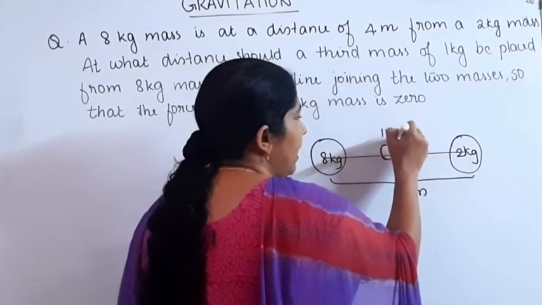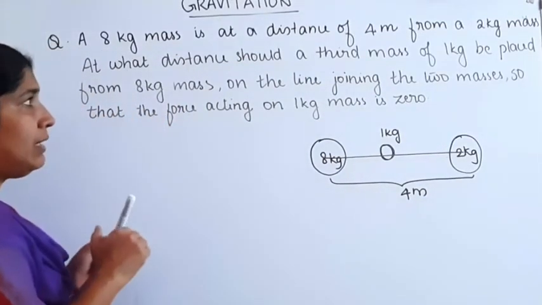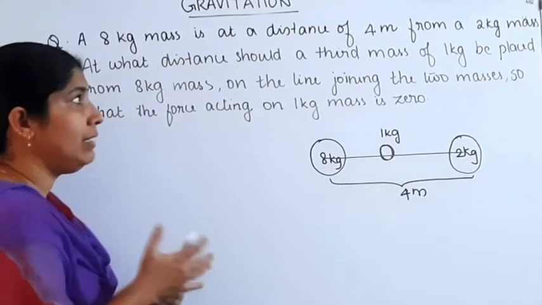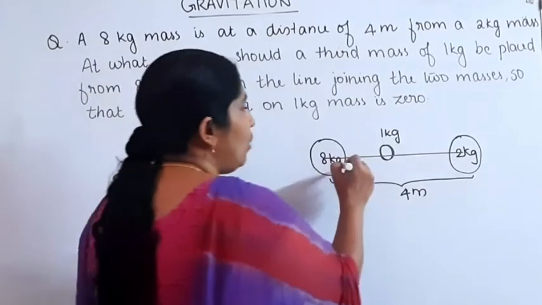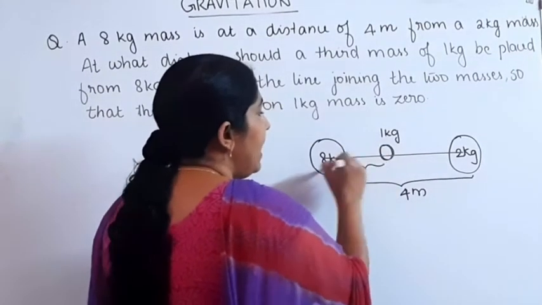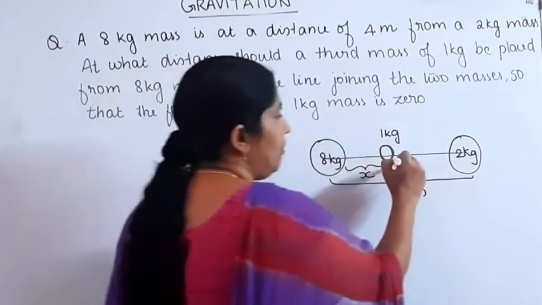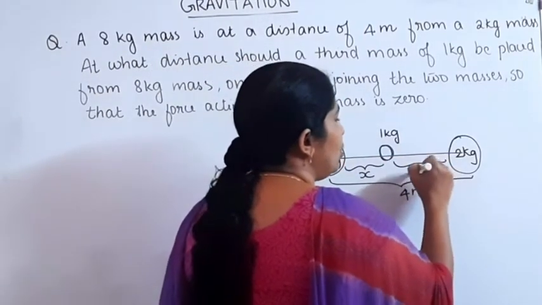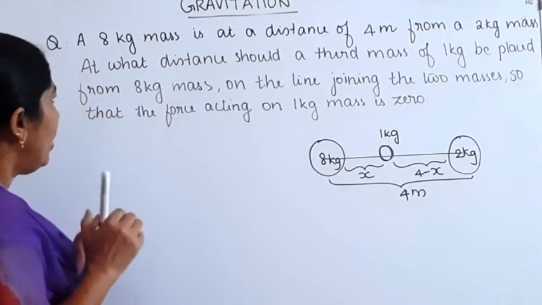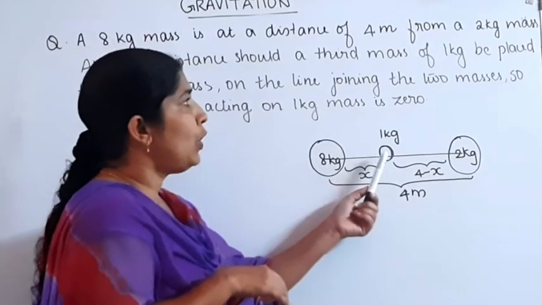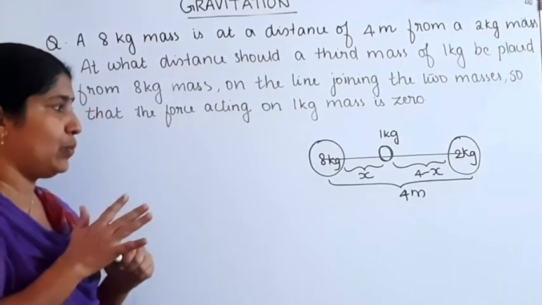We want to find out at what distance the third mass of 1 kg should be placed from 8 kg mass. We want to find this distance between 8 kg and 1 kg, and therefore it is taken as x. Then the remaining distance is equal to 4 minus x. At this point, the force acting on 1 kg mass is equal to 0.